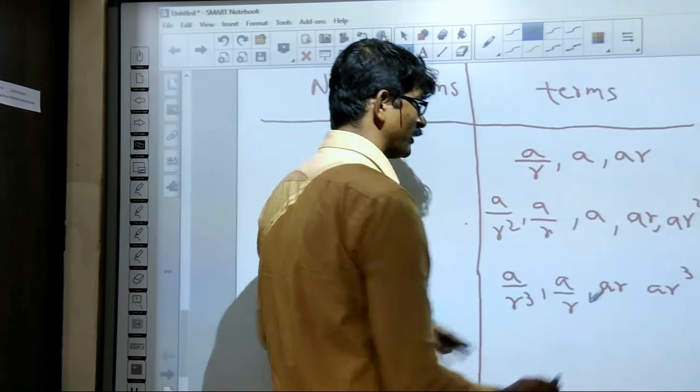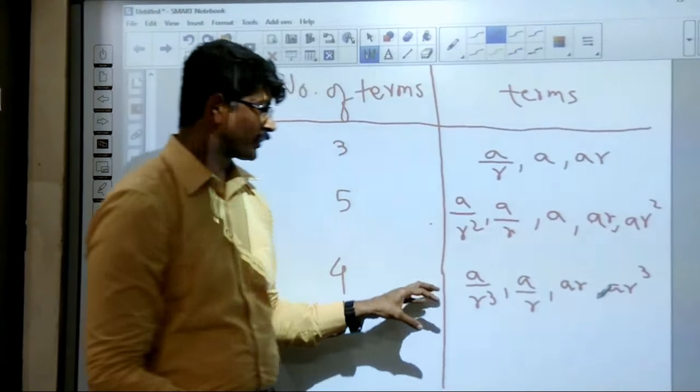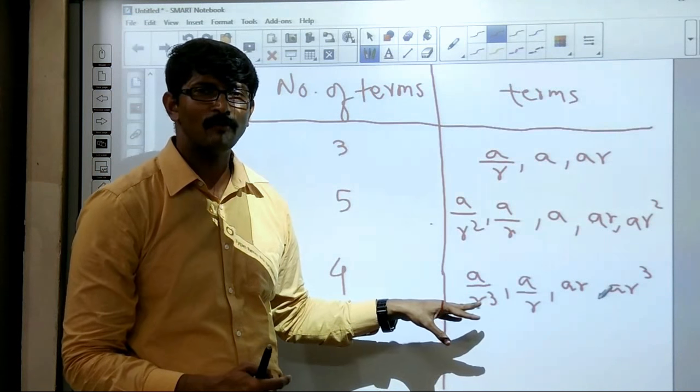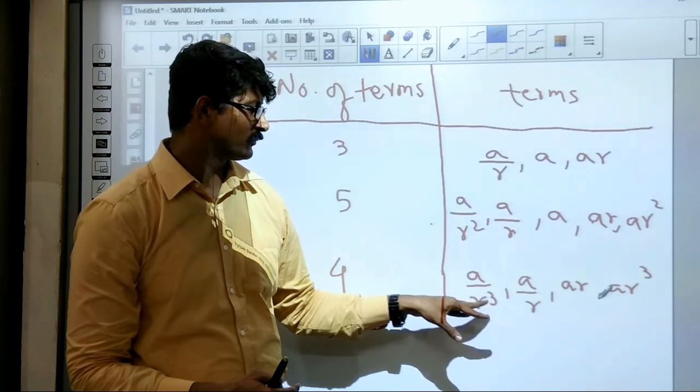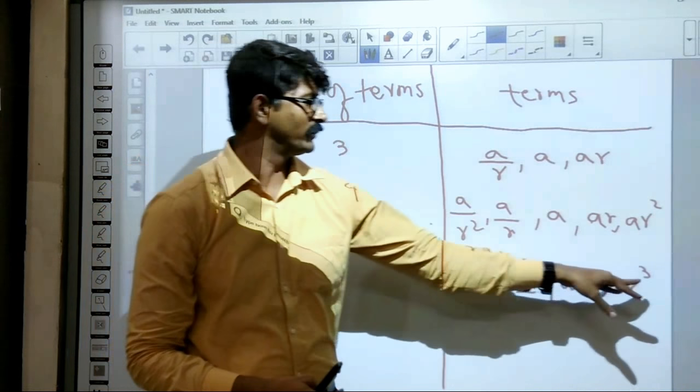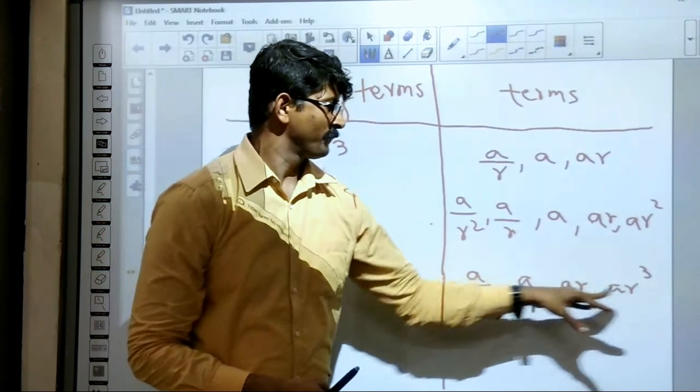I hope student you are understanding. Even this is a geometric progression. And over here the first term will be A by R cube and the common ratio would be R square. So if you multiply everything by R square, you're going to get this series.